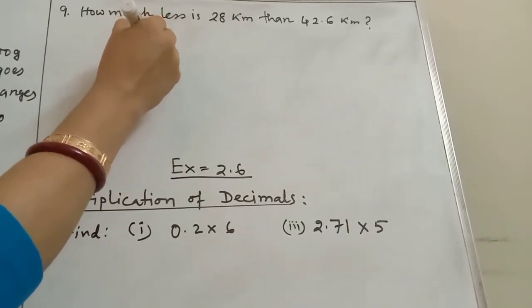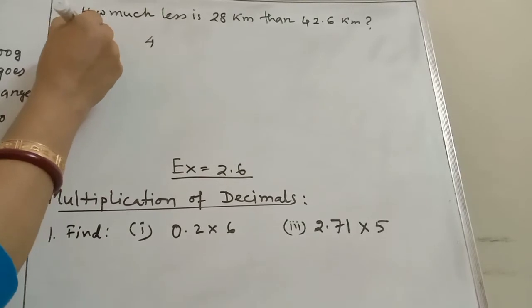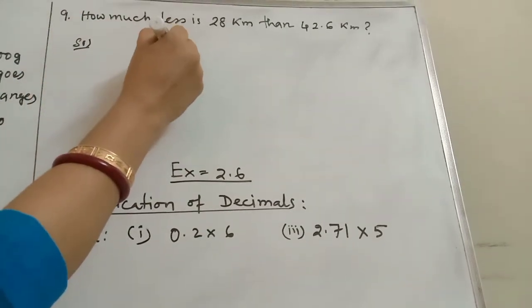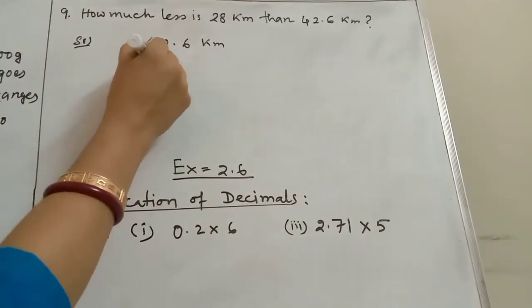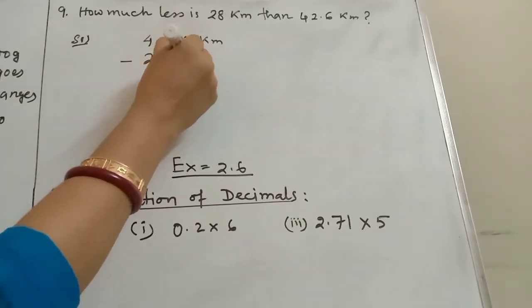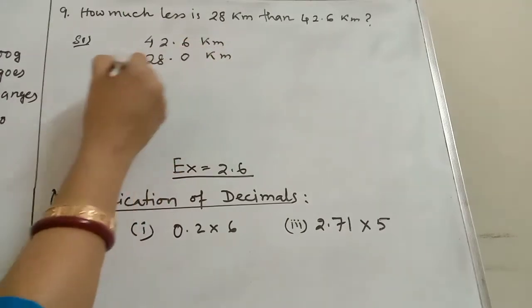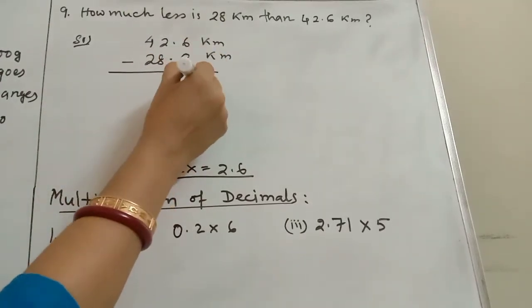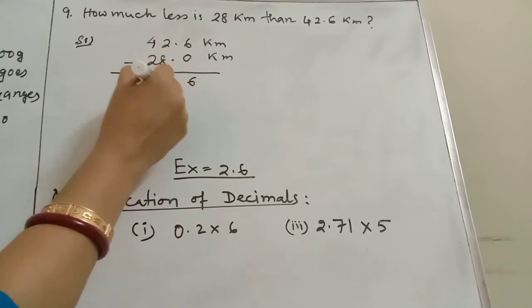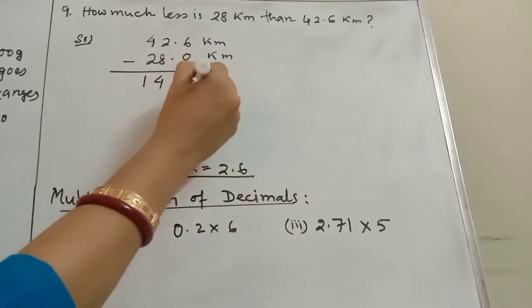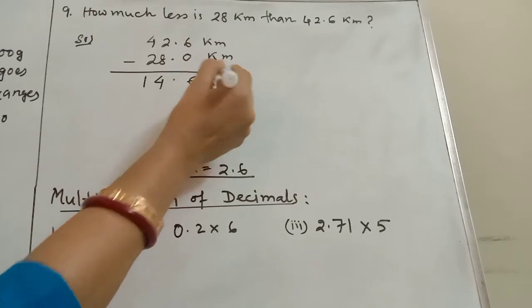So you can directly do the solution: 42.6 kilometer minus 28.0 kilometer, subtract it and you will get 6 minus 0 is 6, 12 minus 8 is 4, 1 carry 1, 14.6 kilometer.